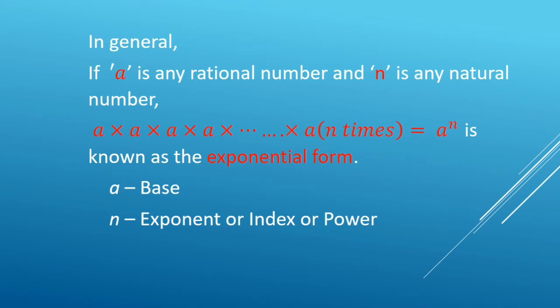Similarly, an exponent also can be a positive or a negative number, a fractional, a rational or an irrational number. You will study about those exponents in detail in the higher classes. In class 7, you have only a as rational number and n as a natural number.